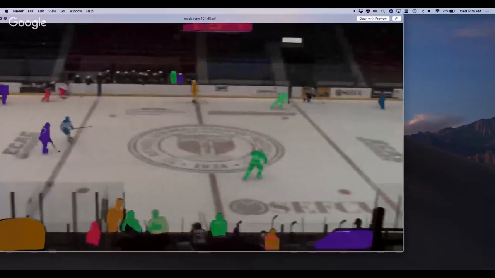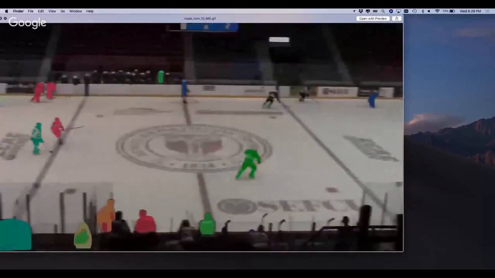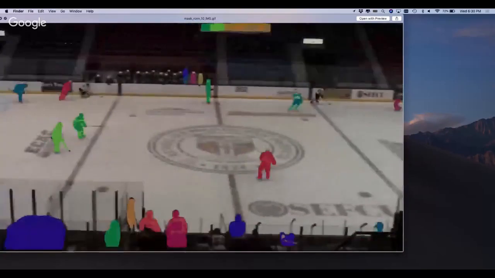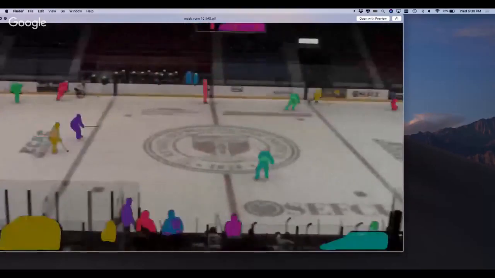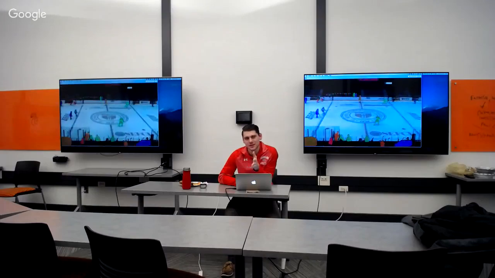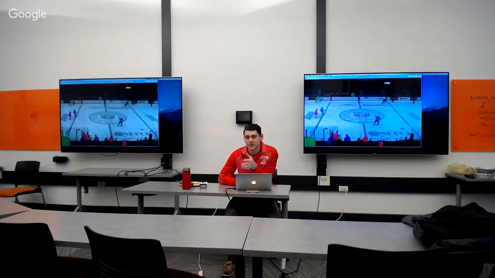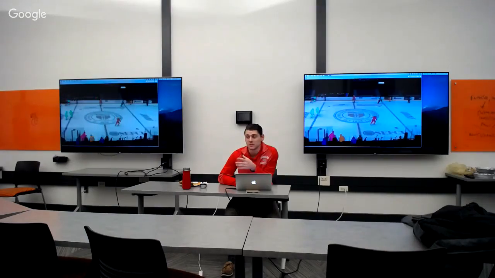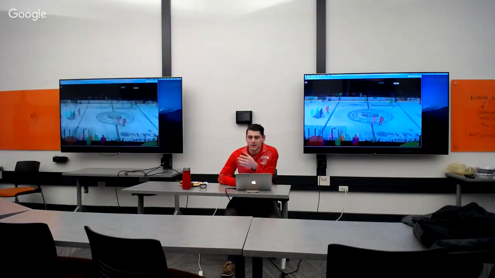Right. And so some of the state of the art deep learning tracking systems, with an independently moving camera, there's a lot of work to be done.